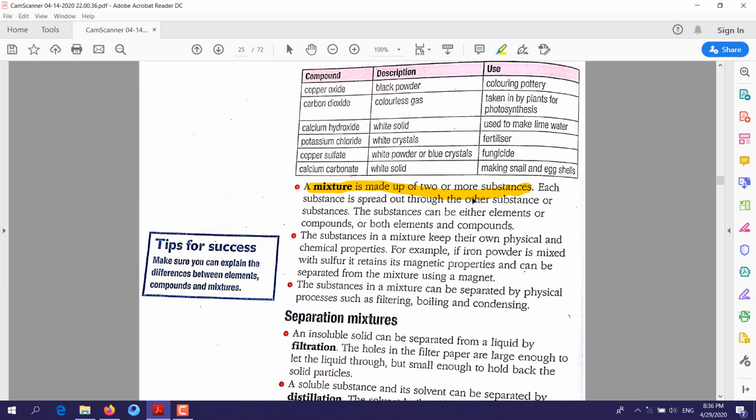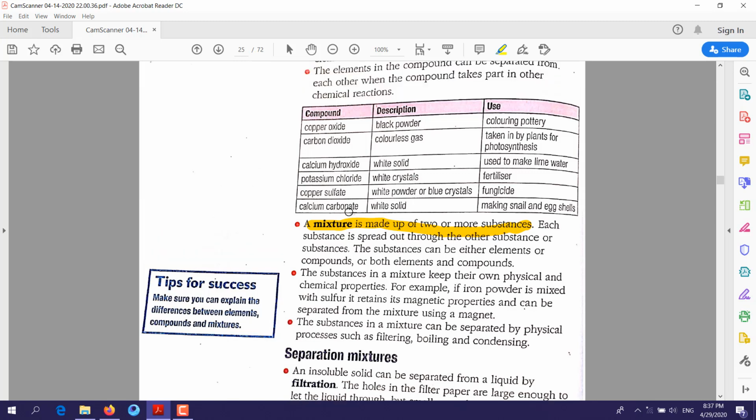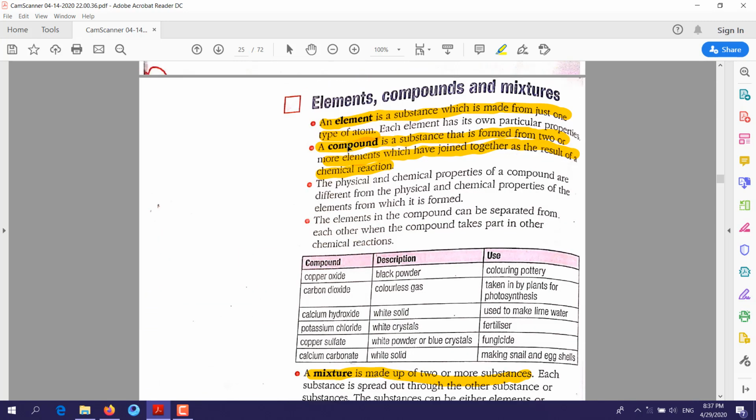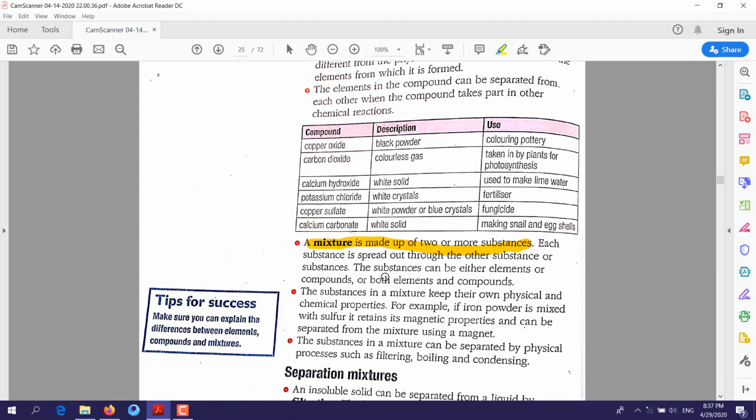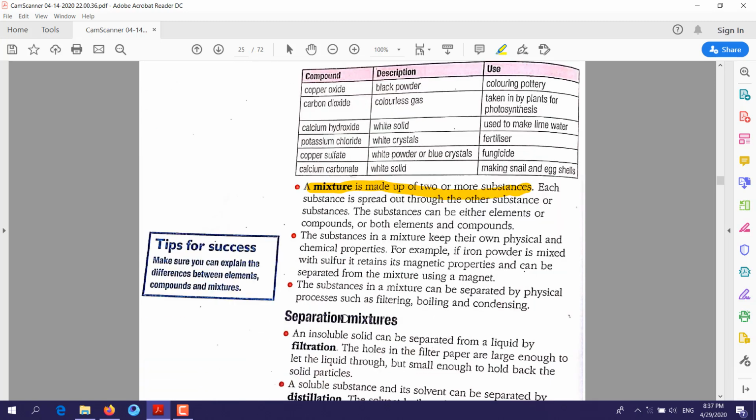But in a compound, you should mention they join with each other chemically. In a mixture, they do not join with each other chemically.